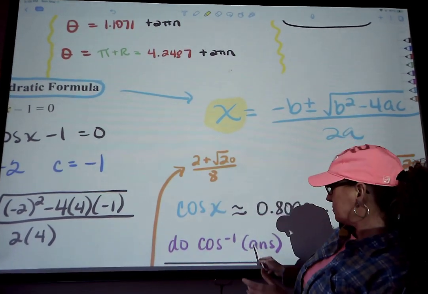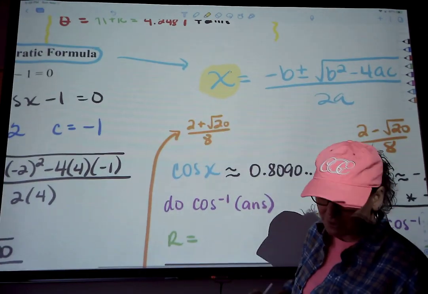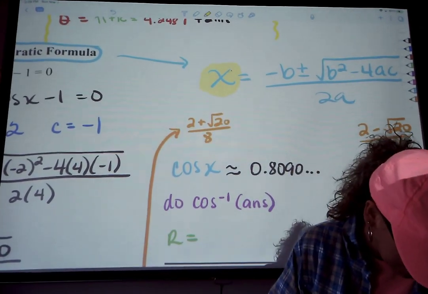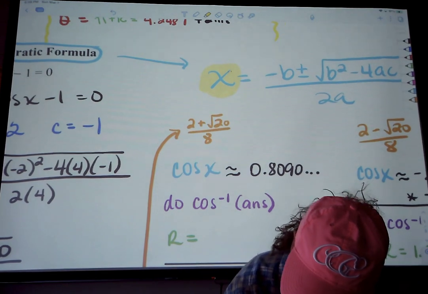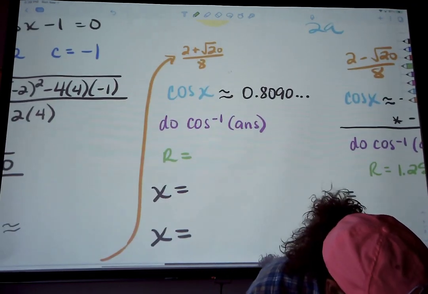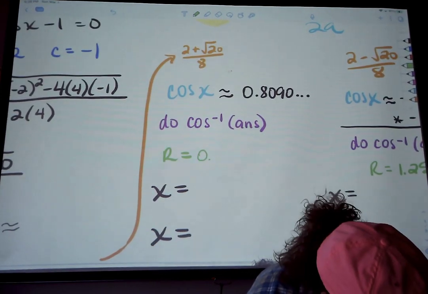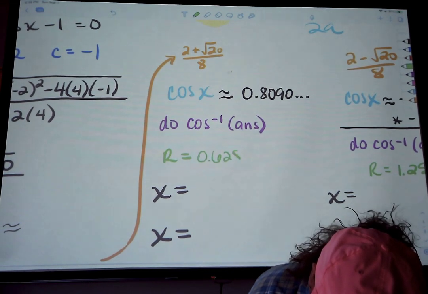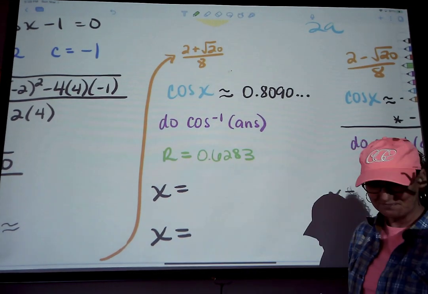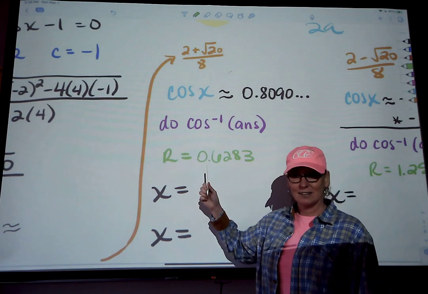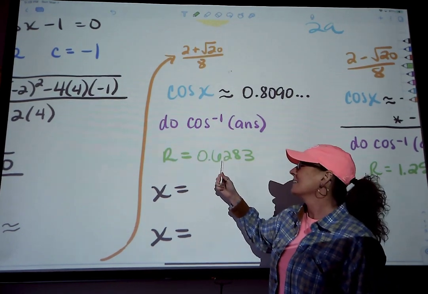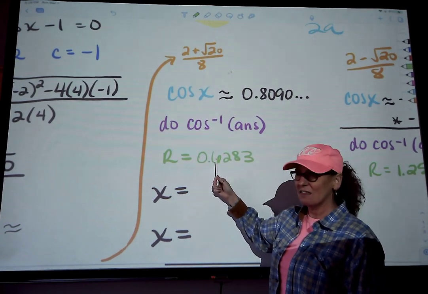So I do this with my answer, and I get a reference angle of approximately 0.6283. That's my reference angle. That's in quadrant 1.